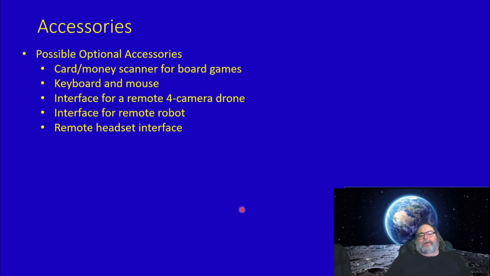For instance, if you wanted to take a look at the Grand Canyon, maybe you could hire somebody to fly a drone through the Grand Canyon that you could talk to, and then you could point out things.